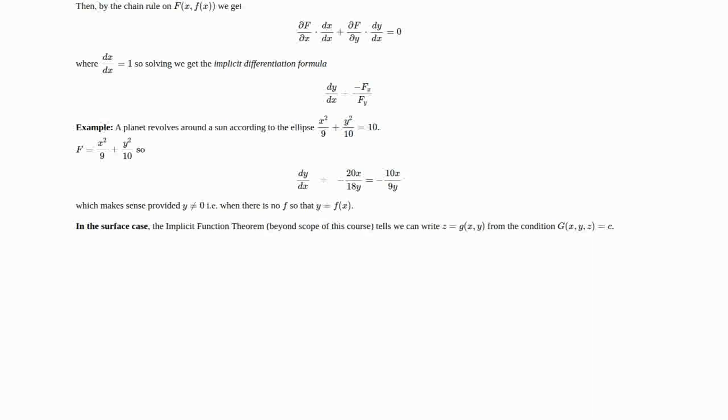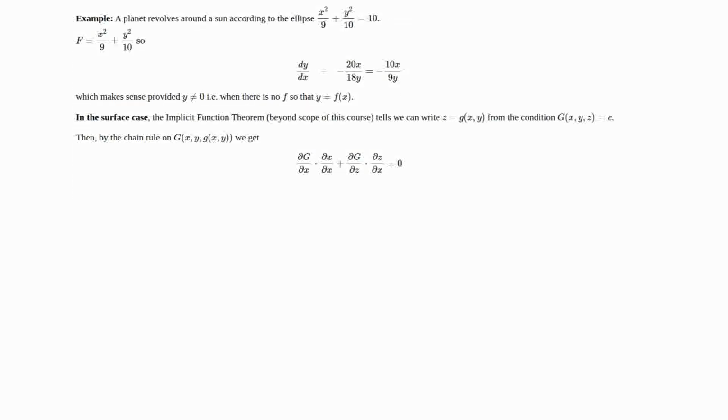Well, there's a nice answer to this, and it's through what's called the implicit function theorem. Unfortunately, it's a little beyond the scope of this course, and it tells us when we could write z is equal to g(x,y) from the condition capital G(x,y,z) is equal to c.